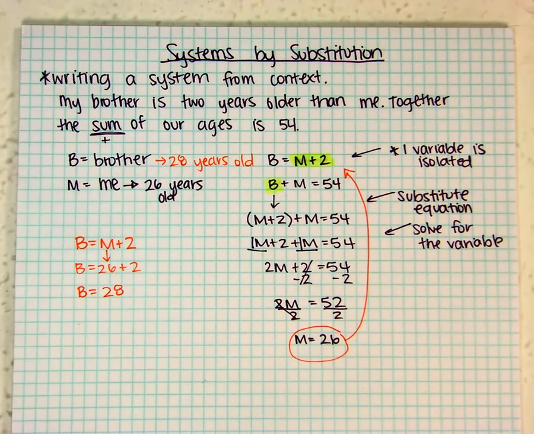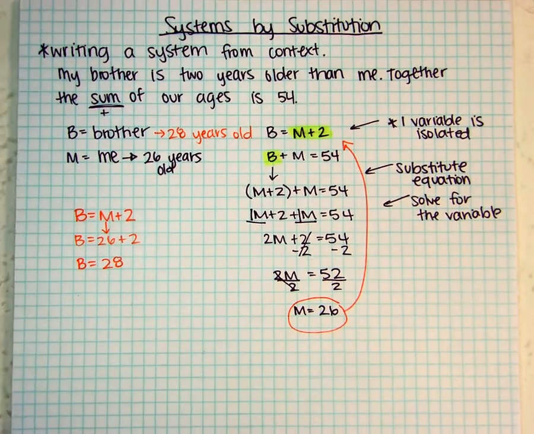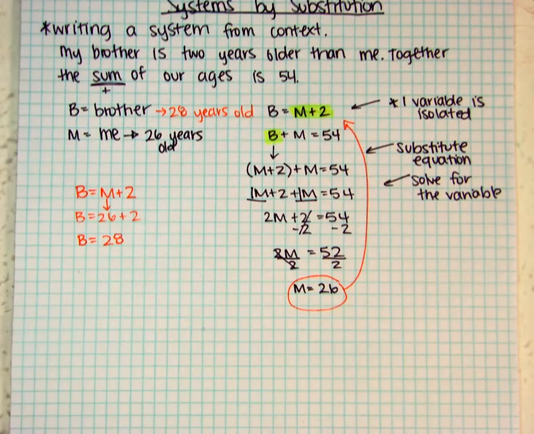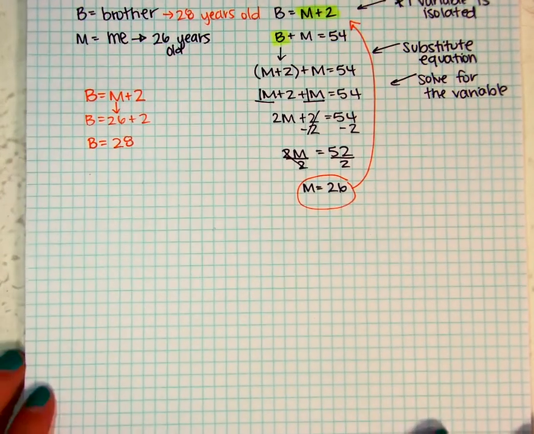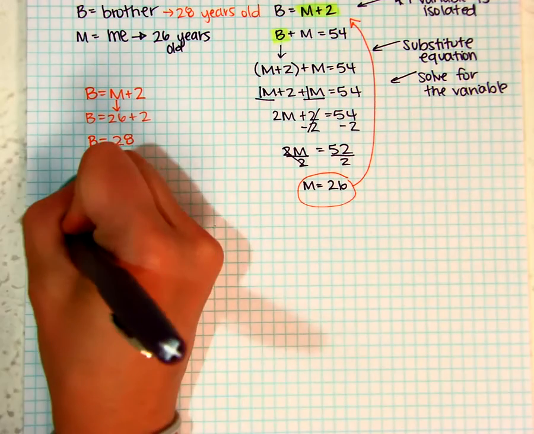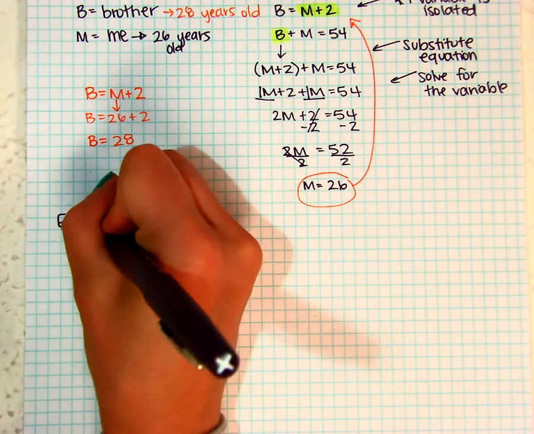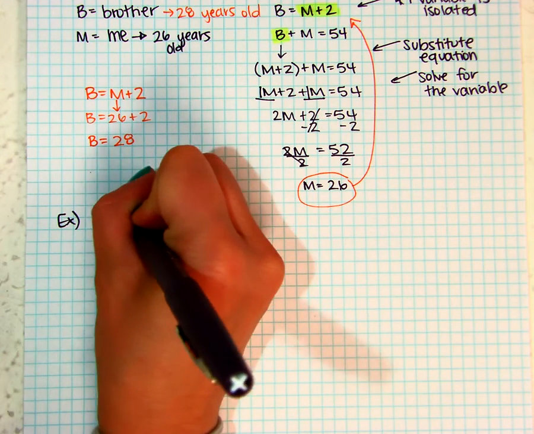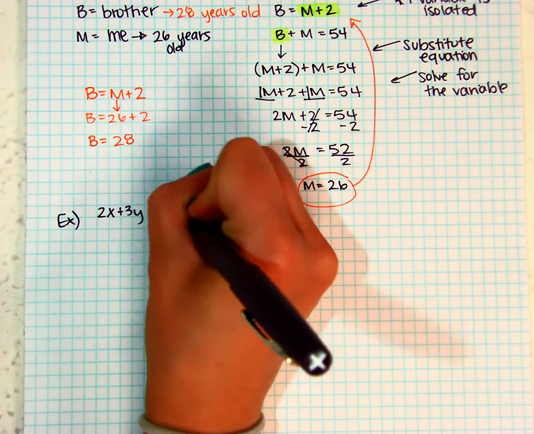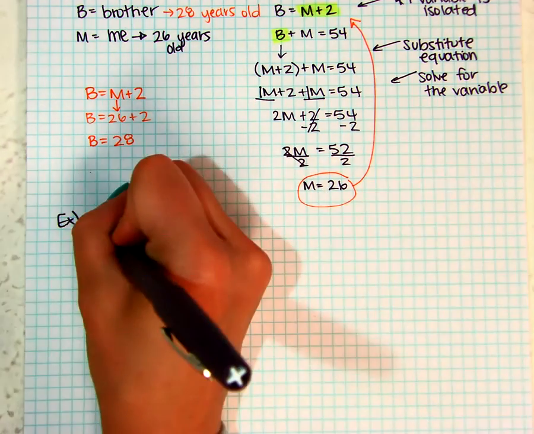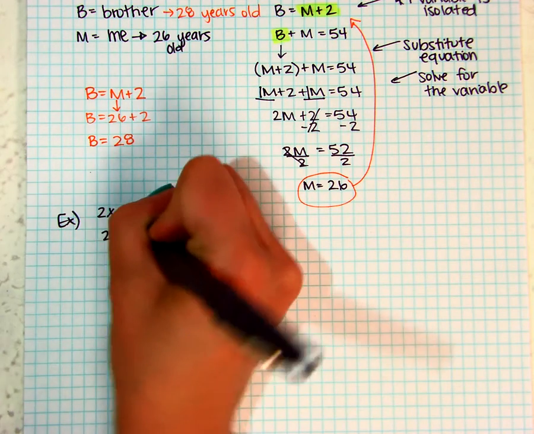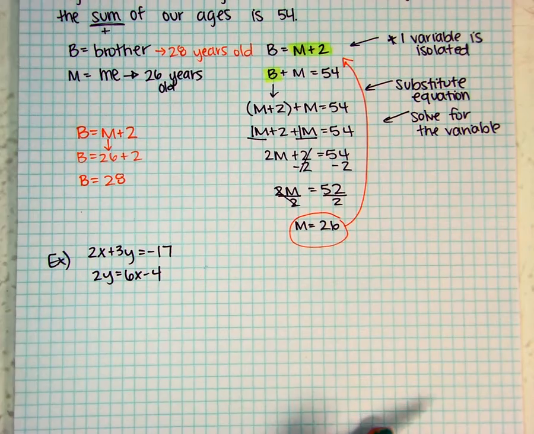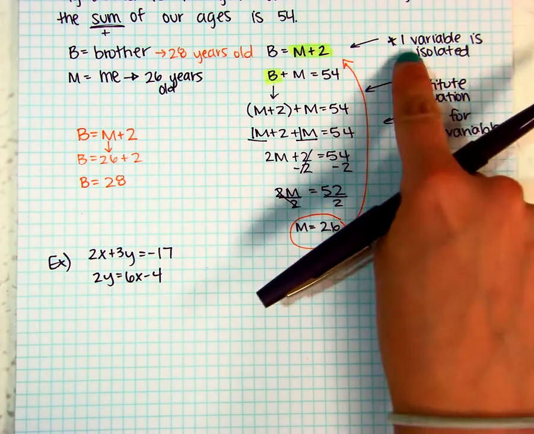Okay. All right, so that's a nice and simple version of substitution. I'm going to do a more complicated version down here. Let's say we have 2x plus 3y equals negative 17, and 2y equals 6x minus 4. Like I said, this is best used when one variable is isolated.